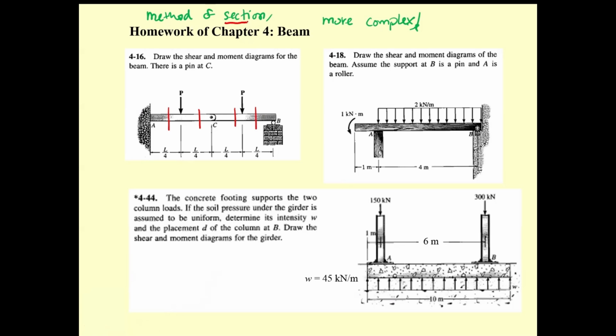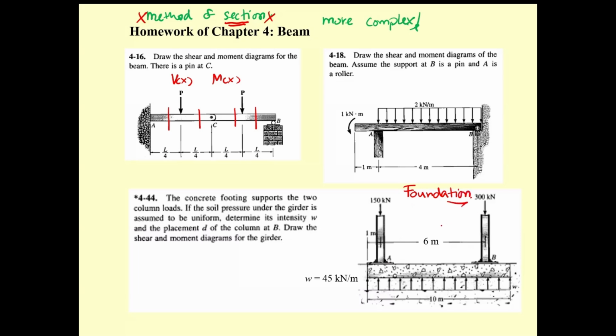You have to use the method of sections 4 times to write the shear function, to write the moment function and produce the graph. So this type of method is not good. So we move to the graphical method.